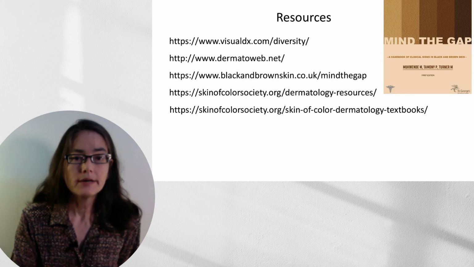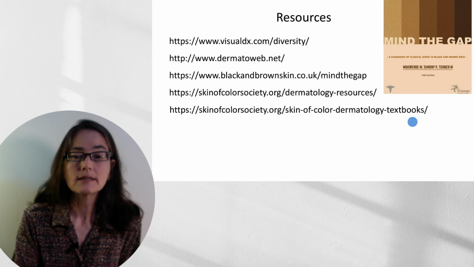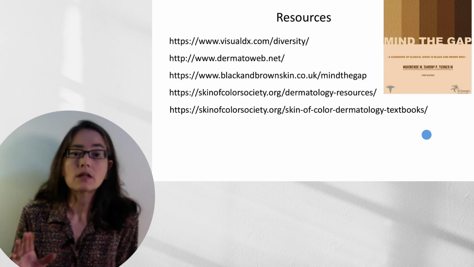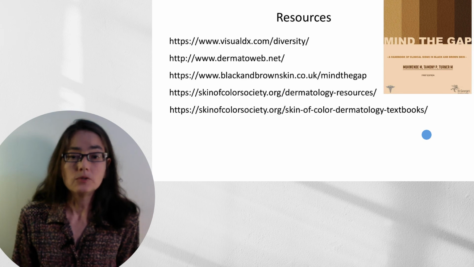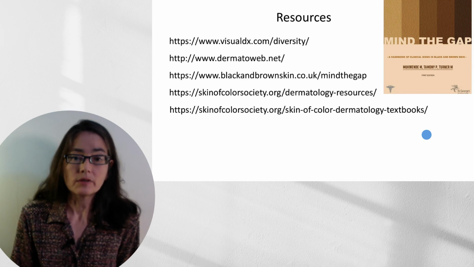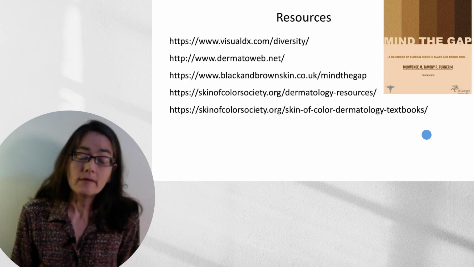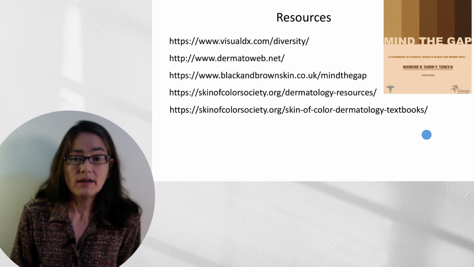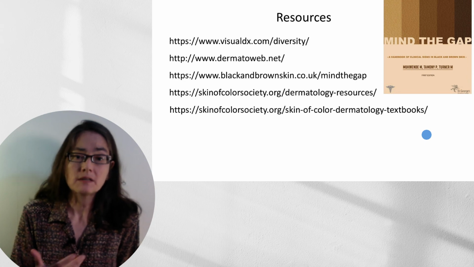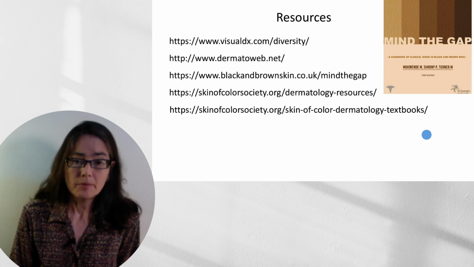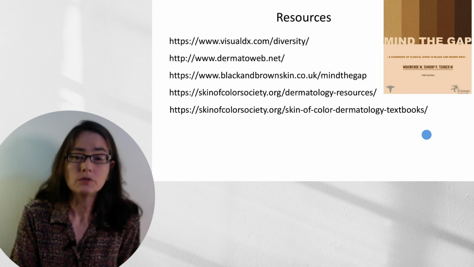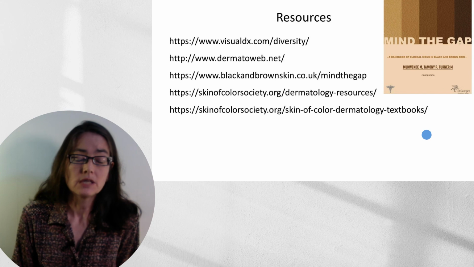I also really like the Skin of Color Society, which has a list of dermatology textbooks, and there are a lot that include skin of color. You can get them from the library and use them for images. And in coming years, Robbins and Kumar Basic Pathology will be here too, because we are providing images in different skin types so that your students, all of you, will have access to them.